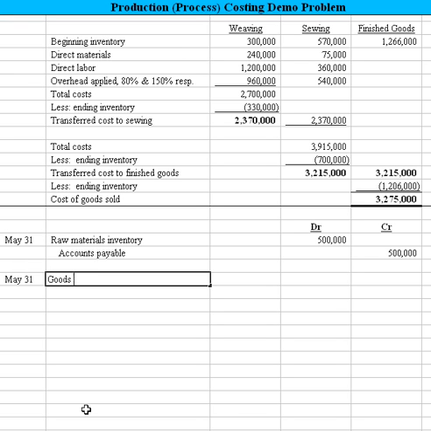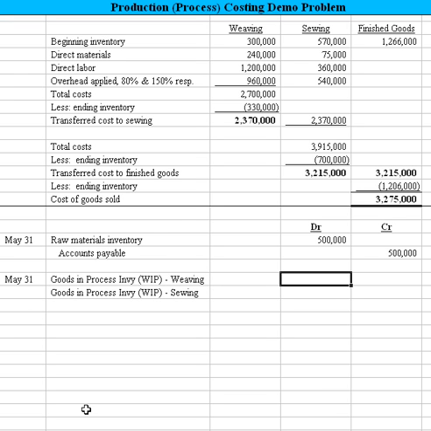Well, let's show the goods in process inventory. Now, I've typically seen this called work in process, and in a process environment, we may have one account per department, if you will. So let me copy this and show the weaving and the sewing. And how do we come up with that amount?